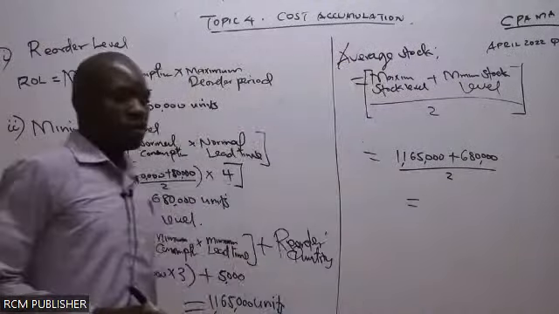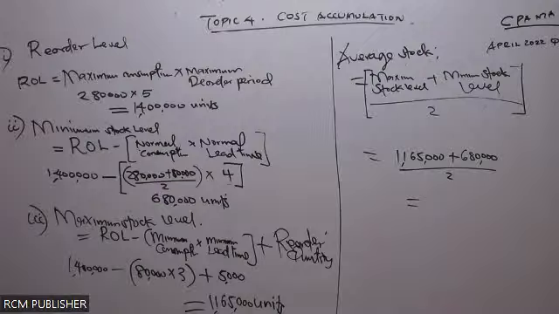So I expect my good students to show me that. 1,165,000 plus 680,000, they divide by 2. What are they getting?